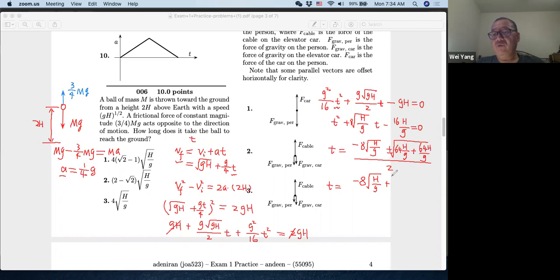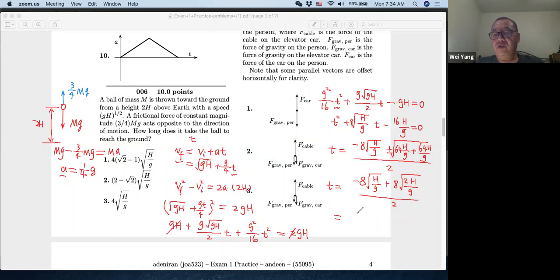Then take the square root of 128, you get 8. Then under this, that will be 2 times h over g. Then divided by 2.